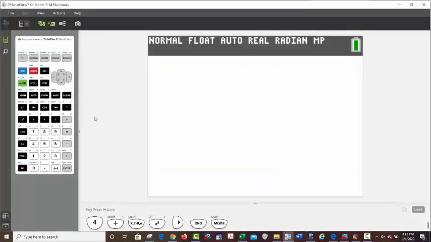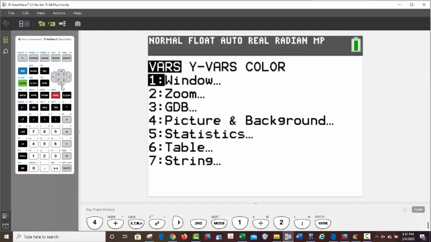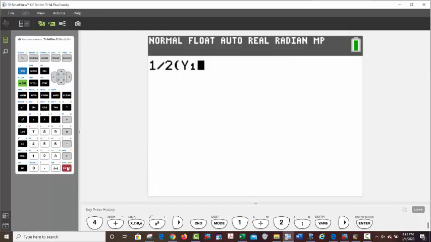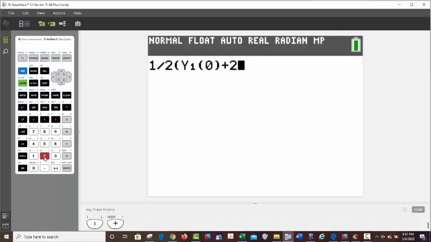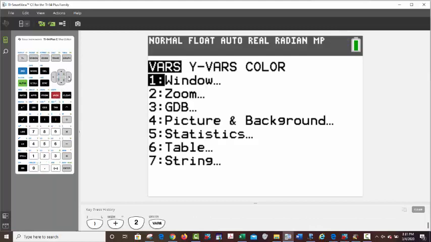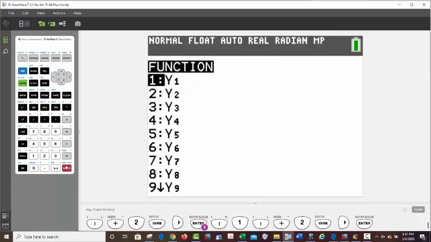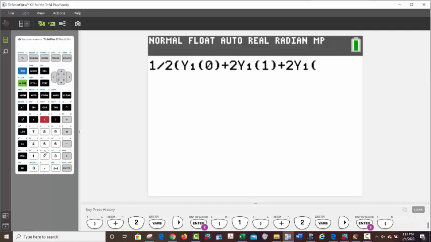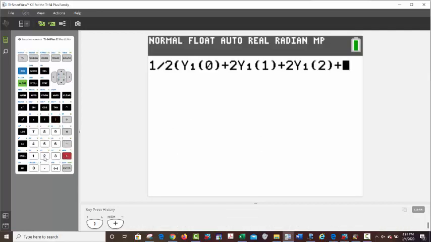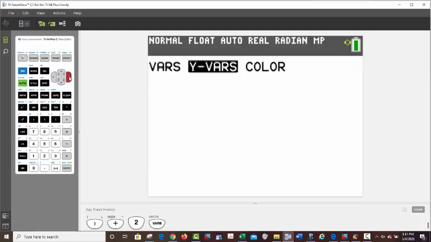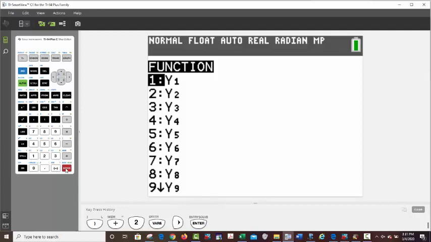Okay, so that's what I couldn't remember. 1 divided by 2, parentheses, f of 0, plus 2 f of 1, plus 2 f of 2, and now 2 f of 3.